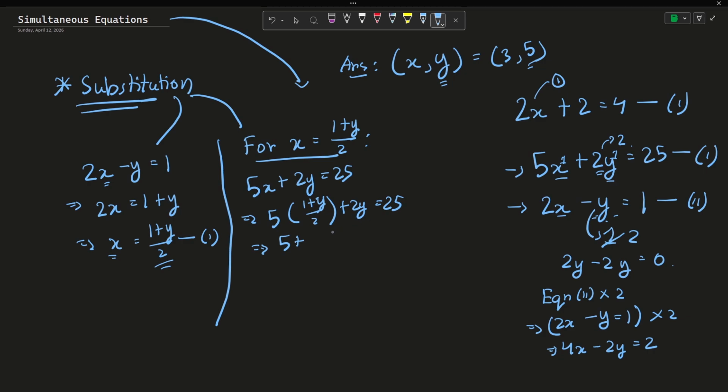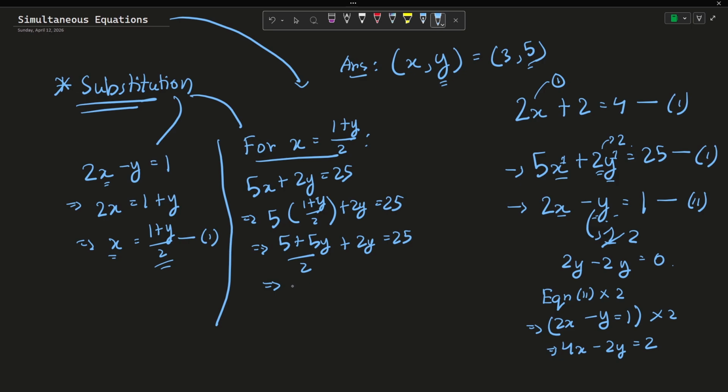In simultaneous equations, what we do is use the methods to turn the set of equations into a single variable equation, and then solve for that single variable. So if I multiply 5 with this, we get 5 plus 5y by 2 plus 2y is equal to 25.